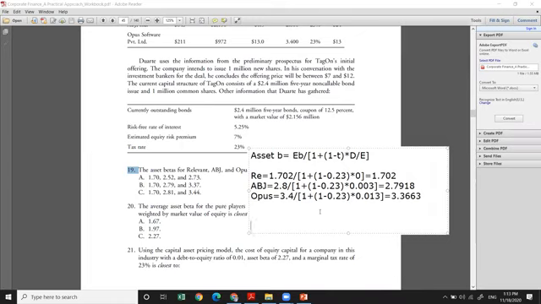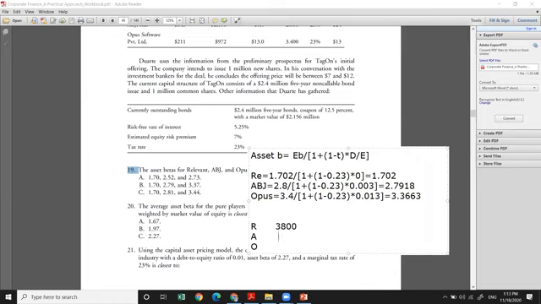To find the proportions, having the pure play companies, we say the Relevant, then ABG, and Opus. For the Relevant, the equity market value is given above, which is 3,800 million.